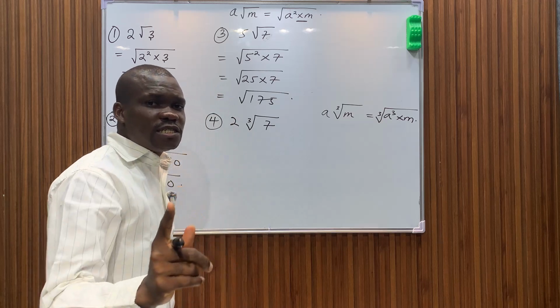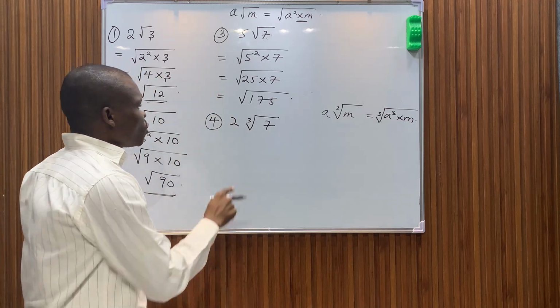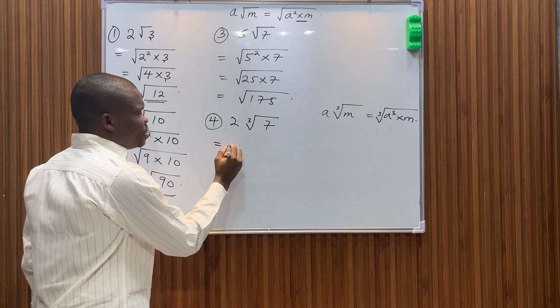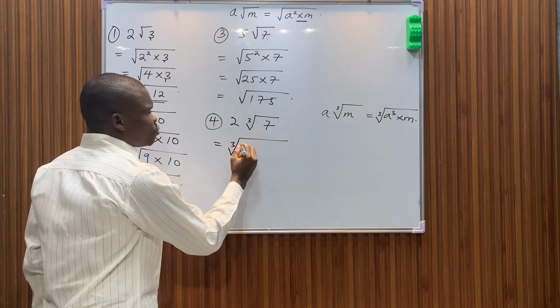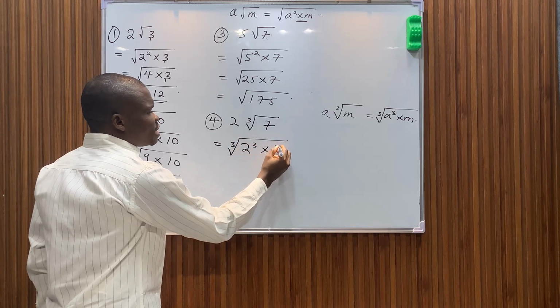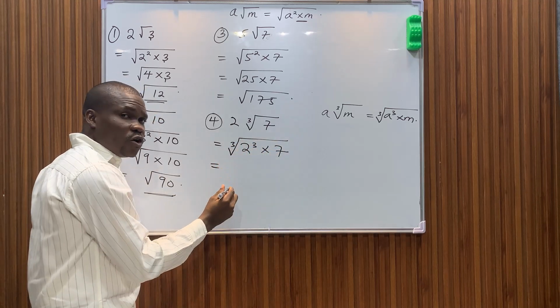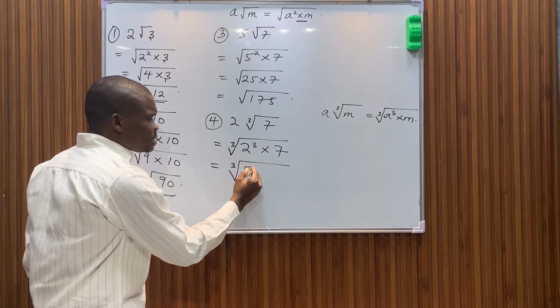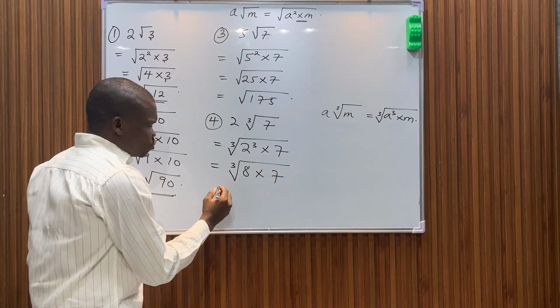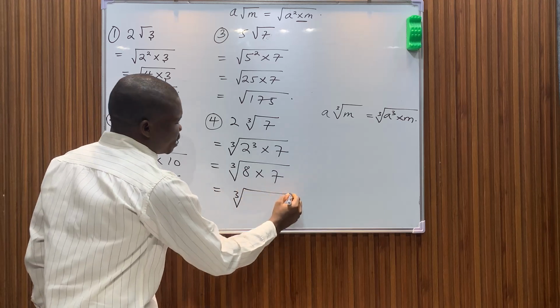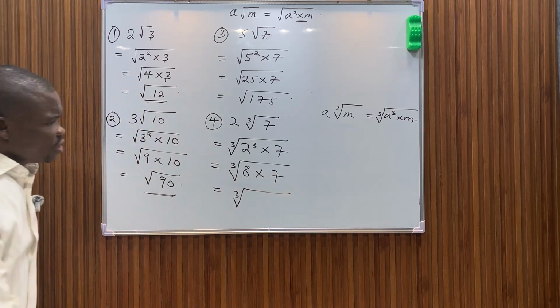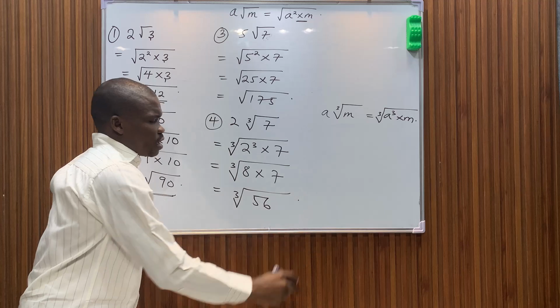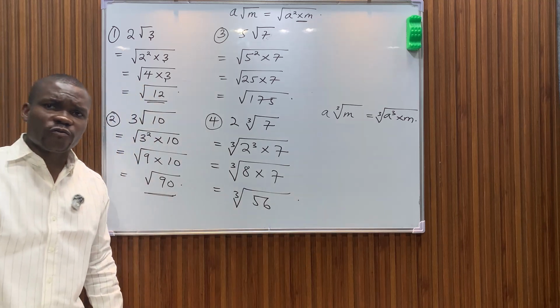Remember, we established this in our first lecture. So when we apply this concept here, we are going to be having the cube root of 2 raised to the power of 3 times 7. And this will give us the cube root of 2 raised to the power of 3, which is 8, times 7. So this will give us the cube root of 8 times 7, which is 56. I hope you understand what I've explained so far.